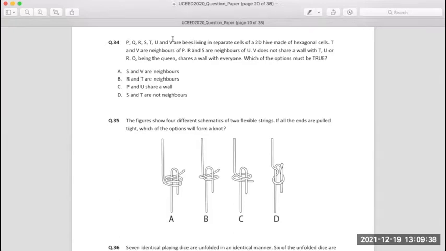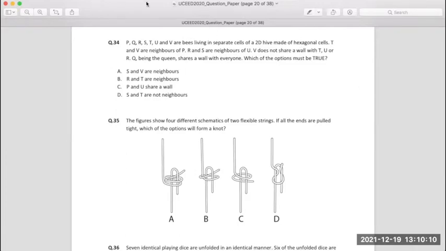All these 7 bees live in separate 2D hives of hexagonal shapes, made of hexagonal cells. So these are all hexagonal cells, and these are the bees who live within them. It is not necessary that the bees' positions will be in the same sequence clockwise or anti-clockwise, because none of that condition is given here.